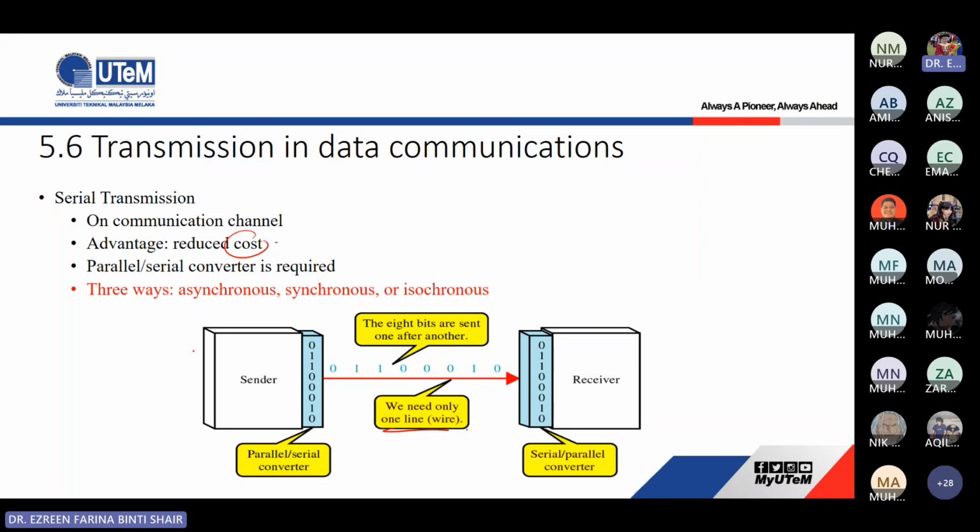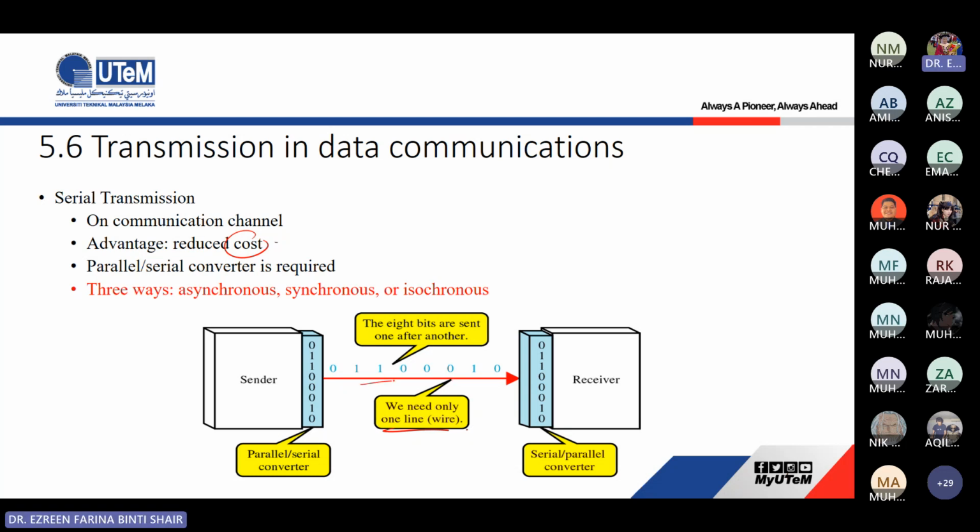Another thing for serial transmission is that the input is usually in the form of parallel, like 0, 1, 1, 0, 0, 0, 1, 0. So you need a parallel to serial converter in order to convert it to serial, 0, 1, 1, 0, 0, 0, 1, 0.